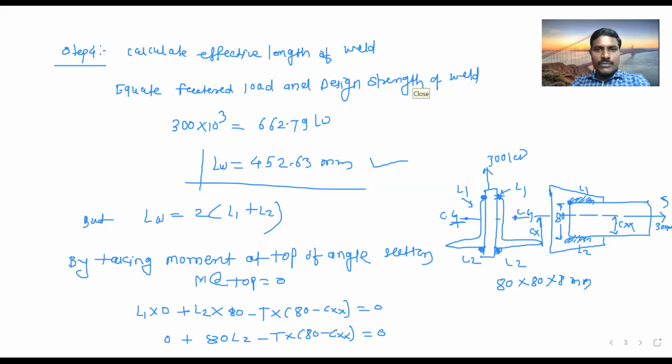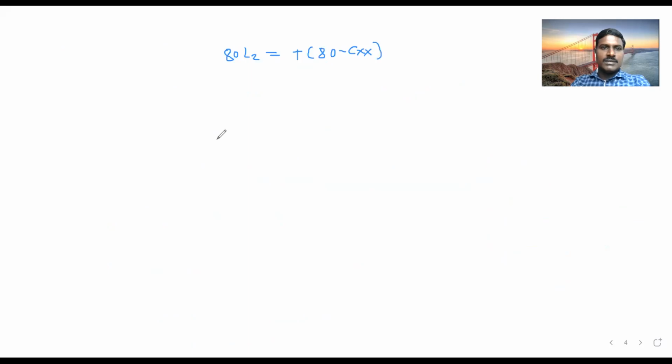One of our friends has given an answer in the chat box. Others, please. The 27.3. So 80 L2 is equal to T, how much? T is 300. So 80 minus 27.3 mm.